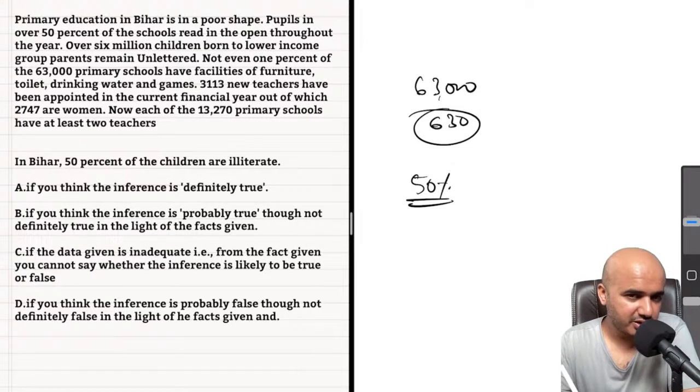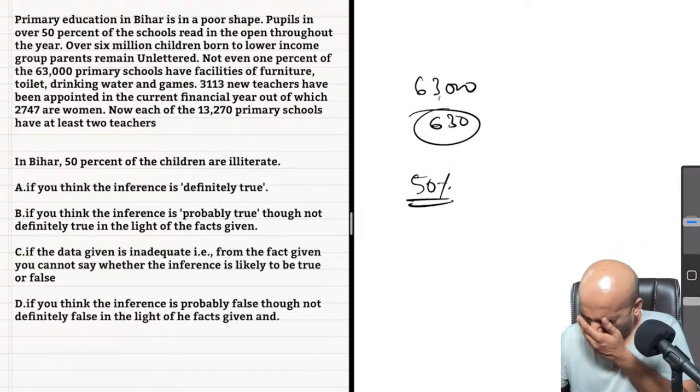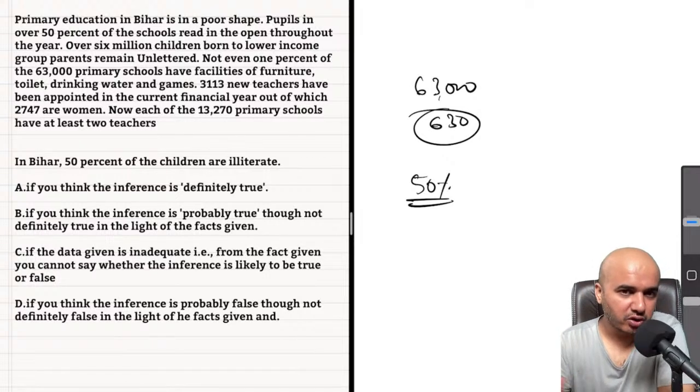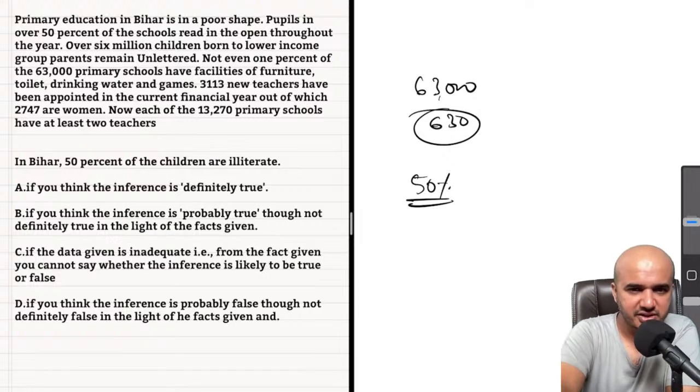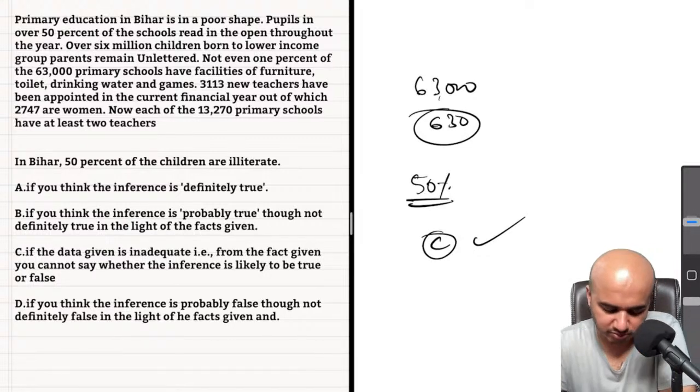So given the situation, we can only say the data given is inadequate. So with this data, we cannot say anything. So option C would be the right option in this case. So select C as the right answer. Next, moving on.